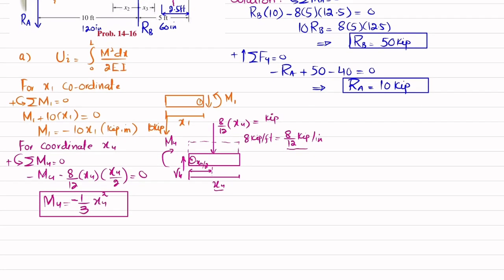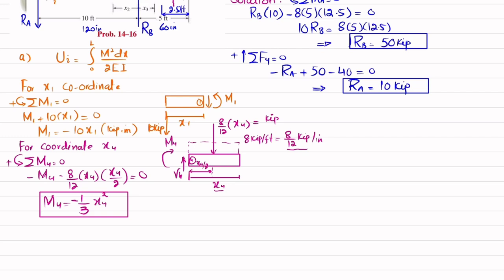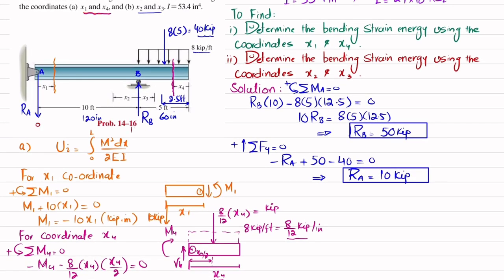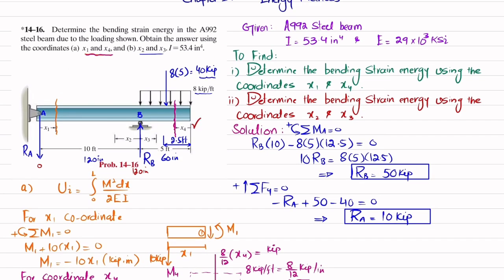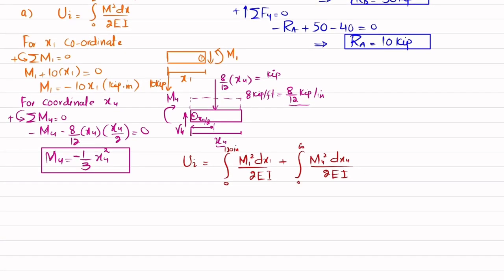You have both the bending moments for coordinates x1 and x4, so we will get the strain energy due to bending equal to the integral of M1 squared dx1 over 2EI, with limits for x1 from 0 to 120 inches, plus the integral of M4 squared dx4 over 2EI, with limits for x4 from 0 to 60 inches.